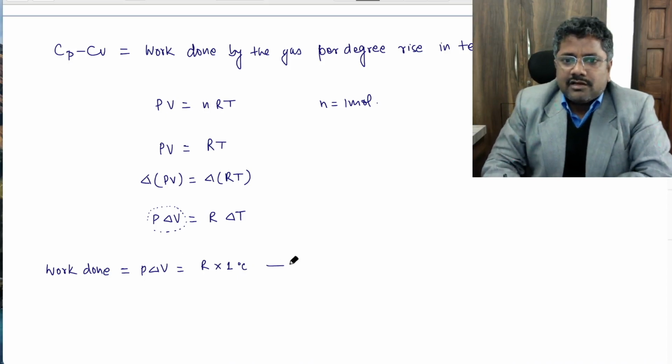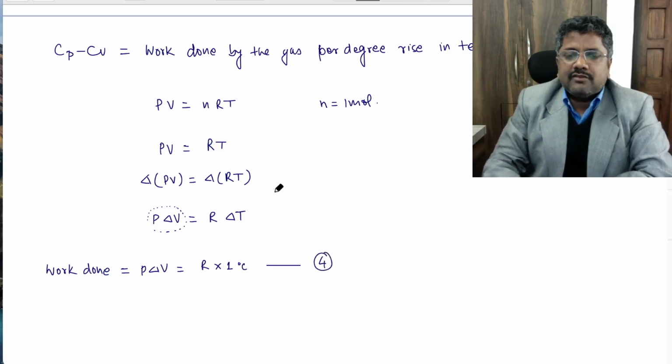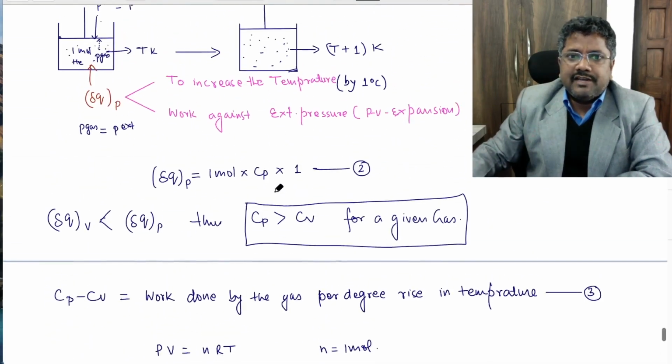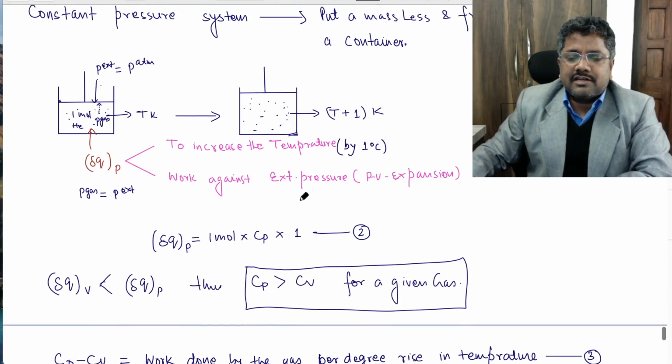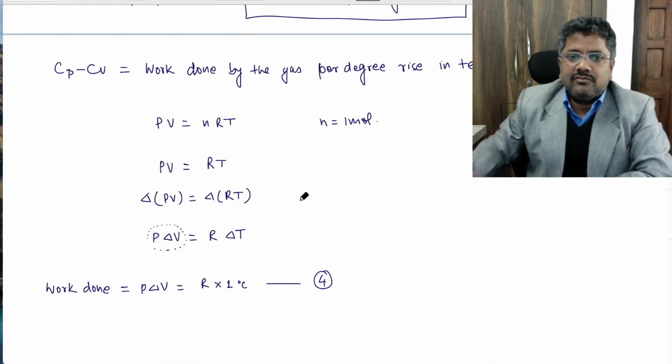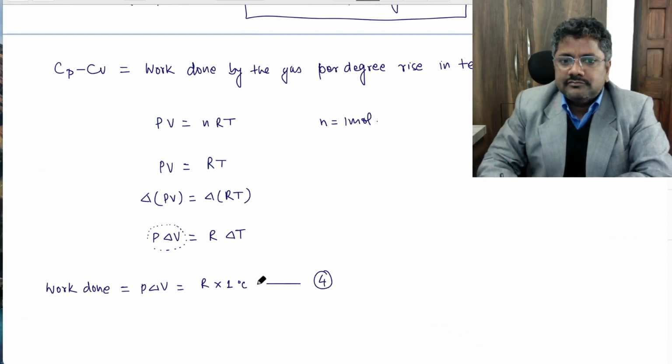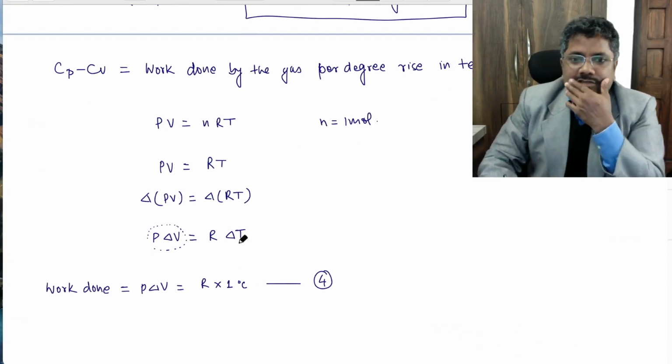That means the PV work taking place in this constant pressure condition is equal to R.